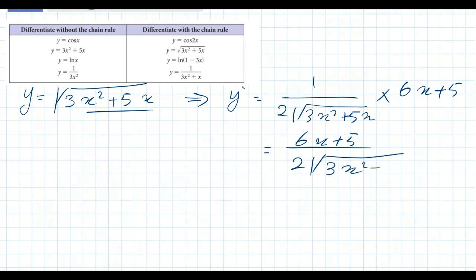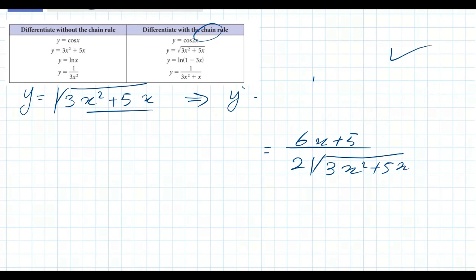This is a method, and we can also use the chain rule to apply the concept on this equation. Let's use it. Then where did we get 1 over 2? Yes, the part you just wiped, it was 1 over 2.